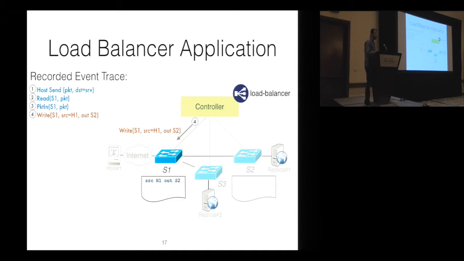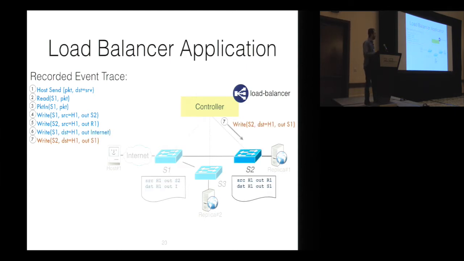The controller sends the flow mod message, like a write message. And then do the same thing to the host, so send it out to the internet here, and it would issue then the packet out, send back the packet.